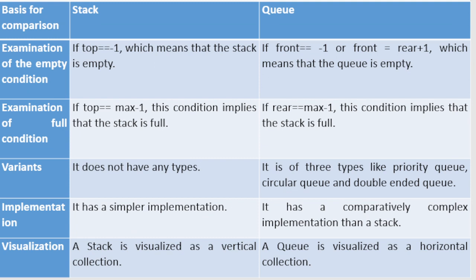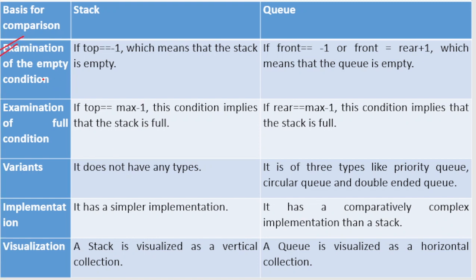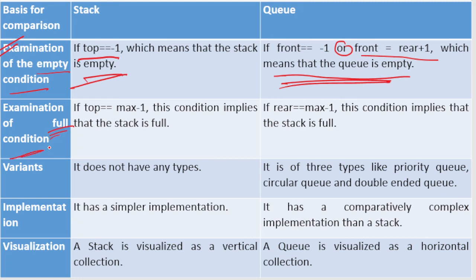Next, examination of the empty condition, and it is important. Sometimes they ask questions on this. What are the empty conditions? If top equals -1, the stack is empty. If front equals -1, or front equals rear + 1, the queue is empty. Same for the full condition, we will check.